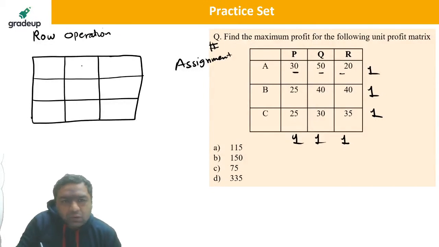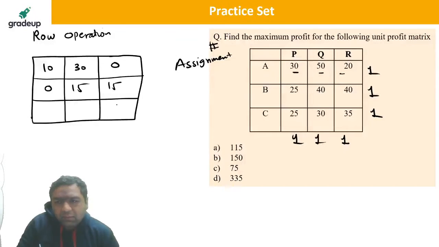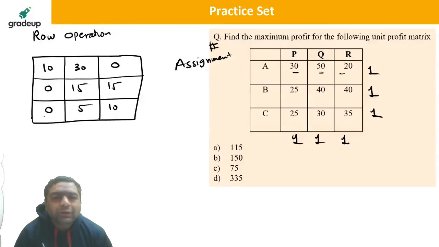So 30 minus 20 is 10, 50 minus 20 is 30, 20 minus 20 is 0. Second row minimum is 25: 15, 15. Third row minimum is 25: 0, 5 and 10. So this is the row operation.